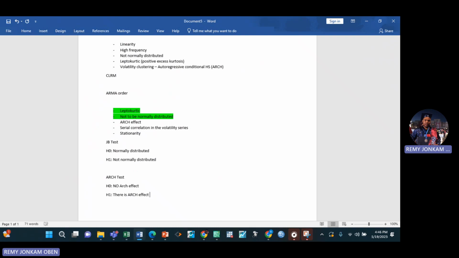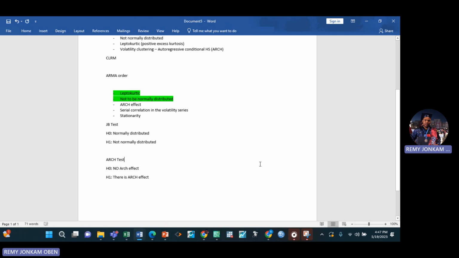You remember, as I told you some time ago, with most of these hypotheses, the null hypothesis is telling you that there is no problem, while the alternative is telling you that there is a problem. So, of course, you know ARCH effect is a problem because ARCH is conditional heteroscedasticity, and heteroscedasticity is a problem. So these are our hypotheses for the ARCH test.